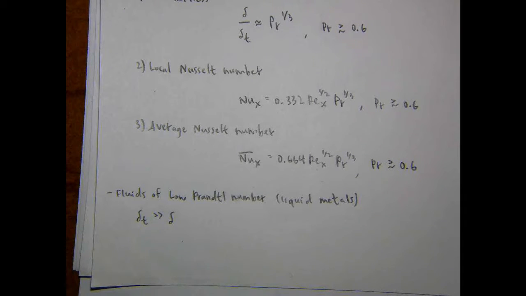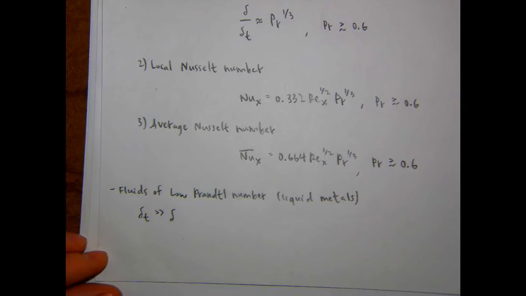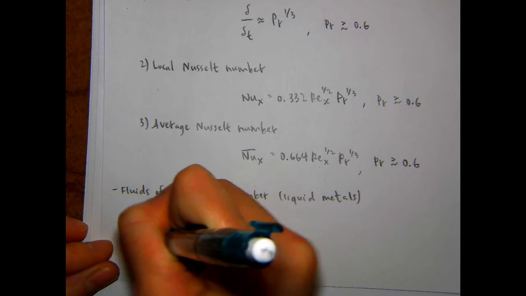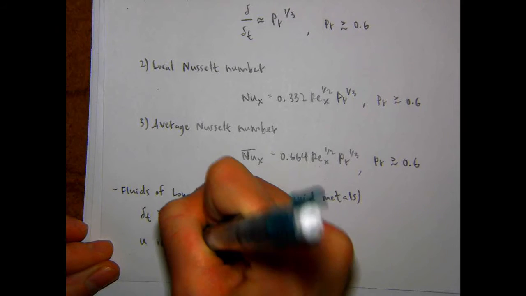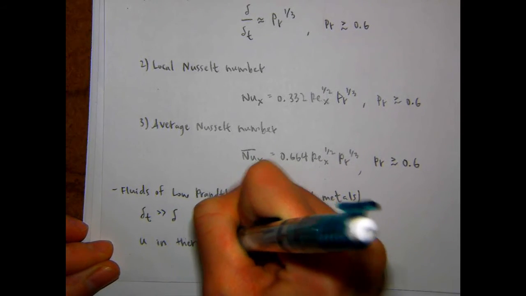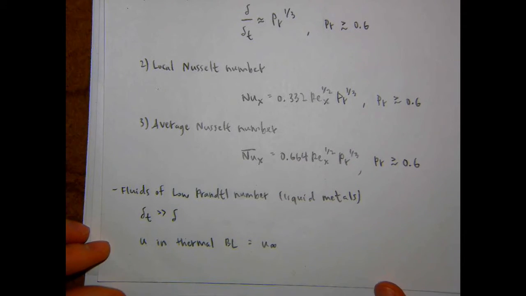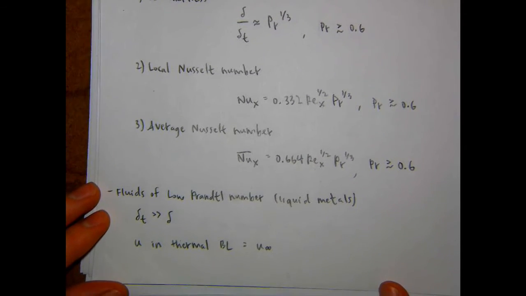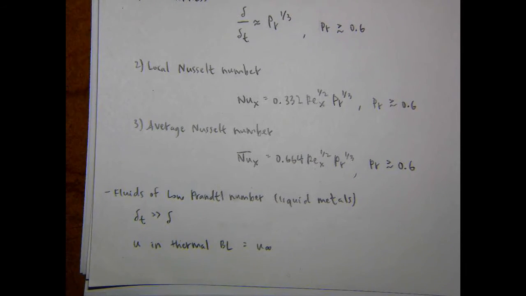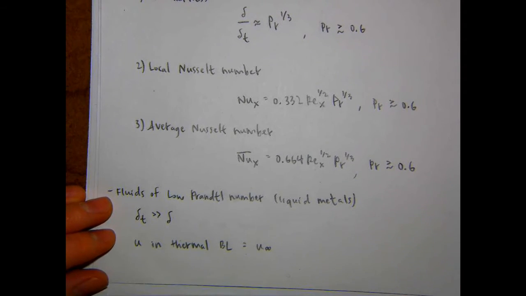So U in the thermal boundary layer is equal to U infinity. And that allows you to come up with a different solution for the Nusselt number.